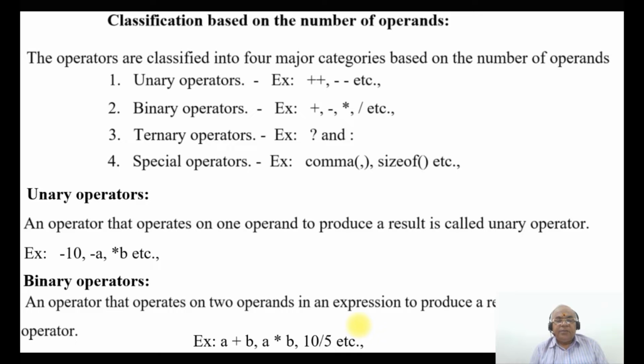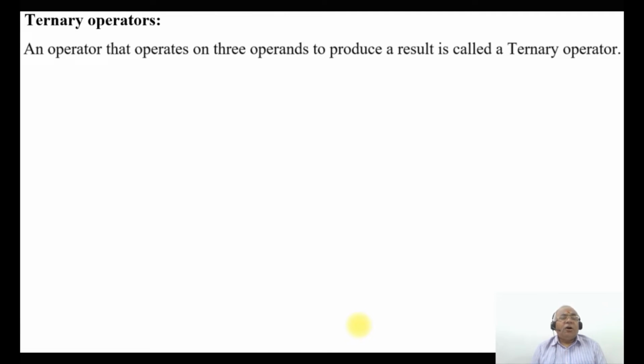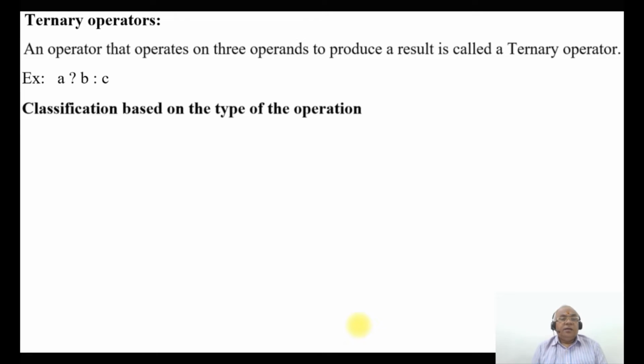Similarly, A star B, 10 divided by 5, etc. are examples. A ternary operator operates on 3 operands to produce a result: A question mark B colon C. So it operates on 3 operands.